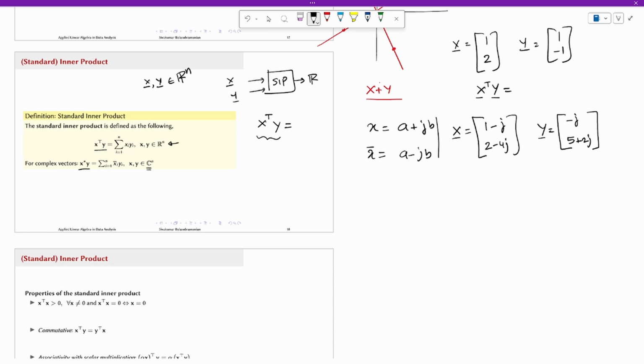How do you compute x transpose y? Not clear?